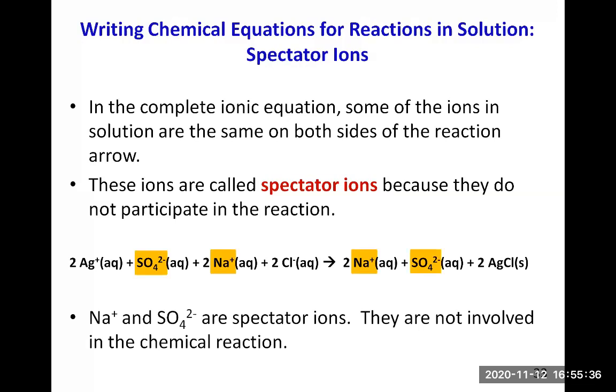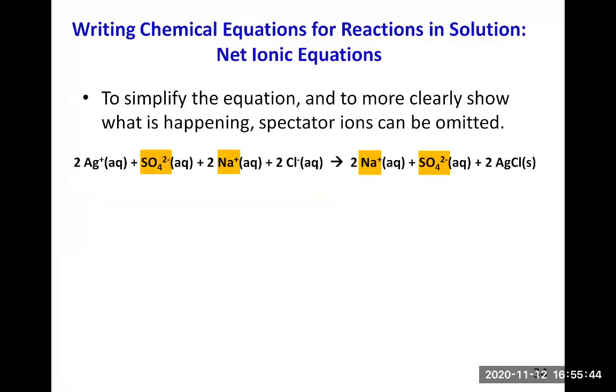Spectator because they do not participate in the chemical reaction. They are not involved. They stay the same before and after the chemical change. And so to simplify the equation and to be more clearly showing what is happening, spectator ions can be omitted. So those sulfate and sodium ions that are repeated on both sides without changing can be taken out.